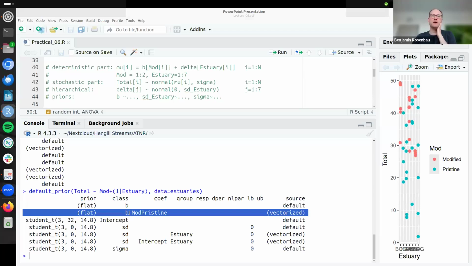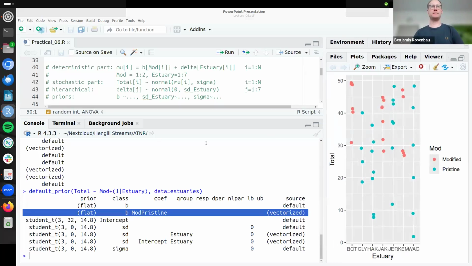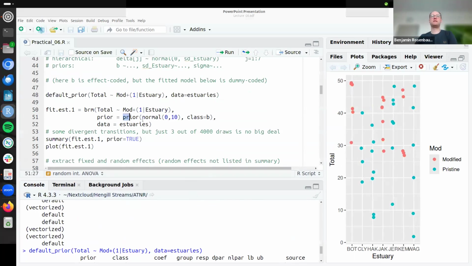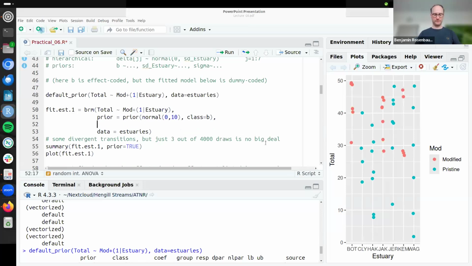And classically, no priors are given for the actual fixed effect we are modeling, so we can specify a prior there. And here I would specify a prior. So this is just the effect of modified versus pristine. So I assume maybe there's some difference, but I don't know if it's positive or negative, and I associate this with a quite wide standard deviation. So this is actually a weakly informative prior.